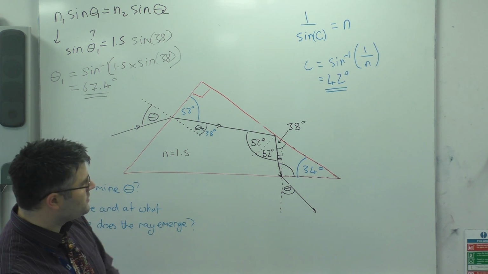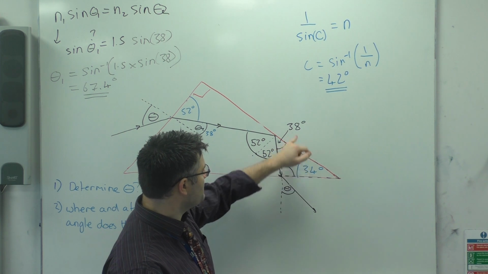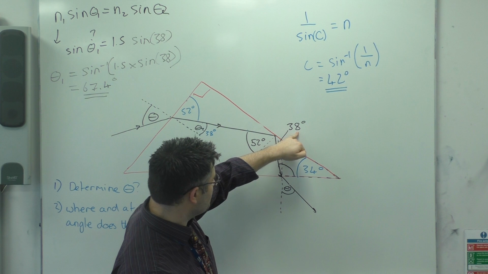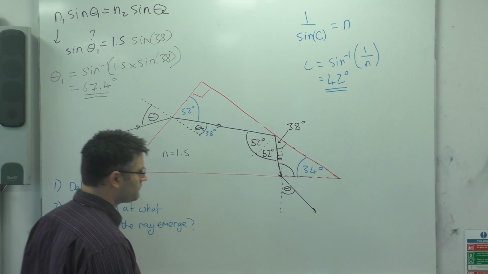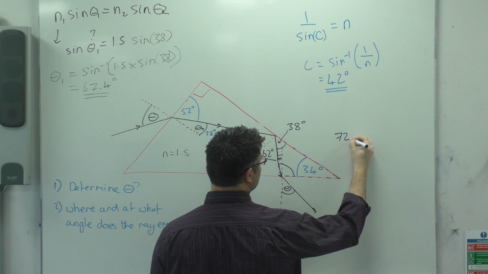Well, if you've got 34 and 38, that means you've got 60, 70, 72. So you've got a total of 72 degrees.